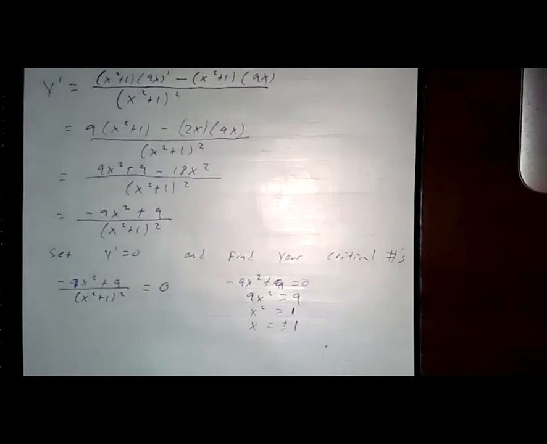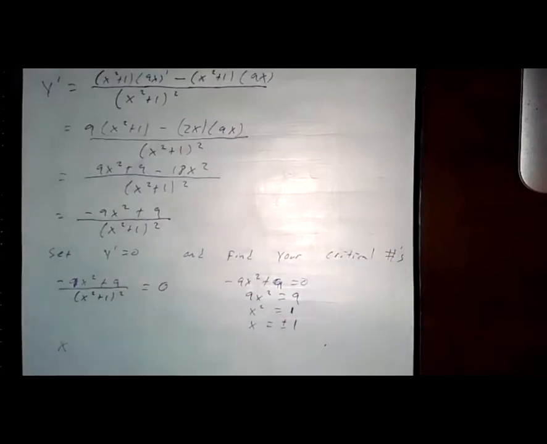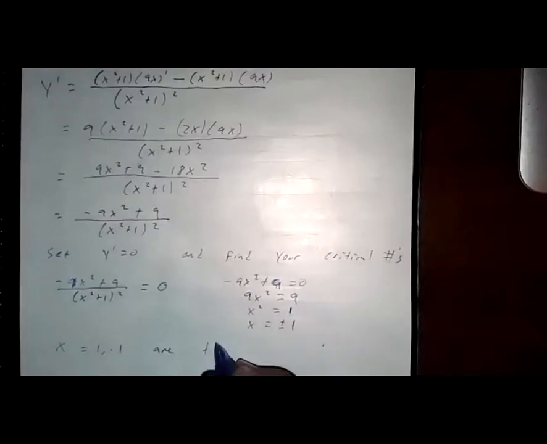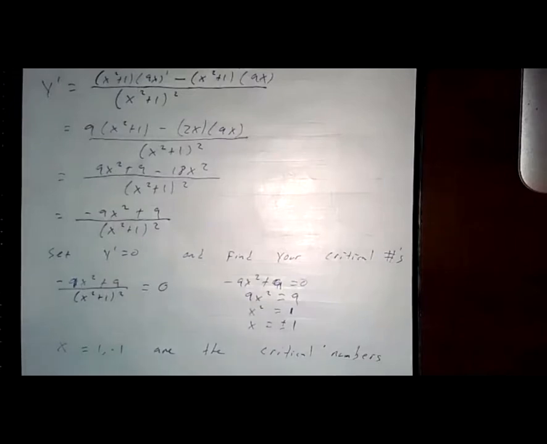All right, so we have 2 critical numbers, right? X equals 1 and negative 1 are the critical numbers. And since this required a quotient rule, I do not want to do a second derivative. So let's use the first derivative test to find out what's going on here. Let's see here.